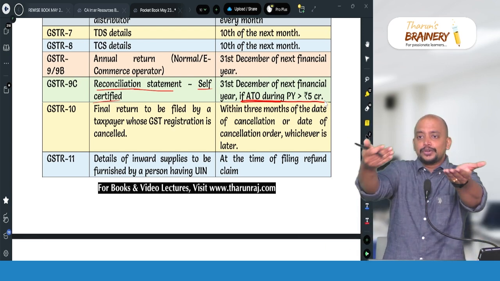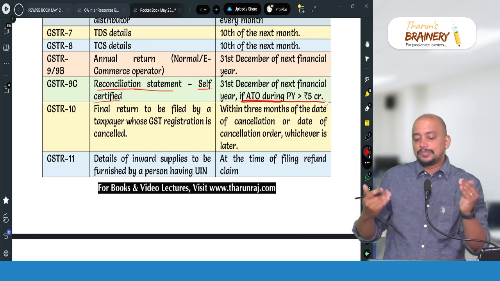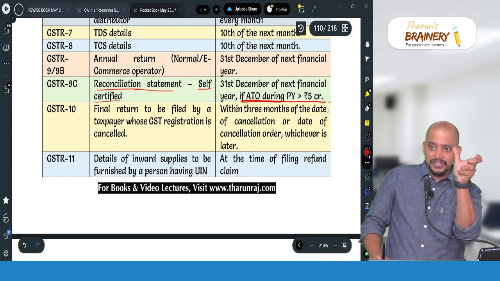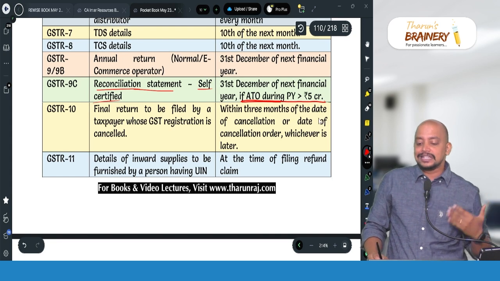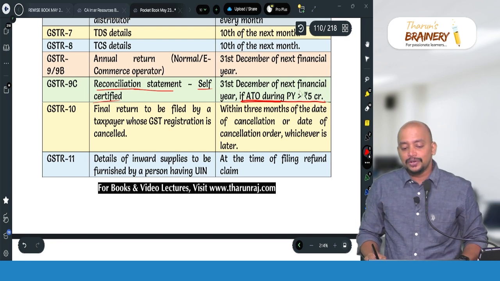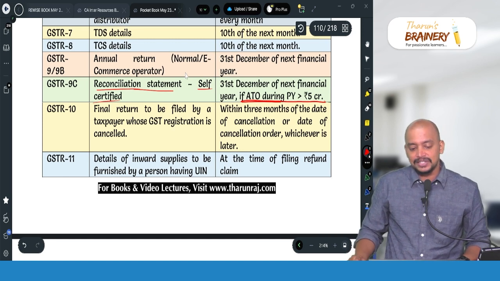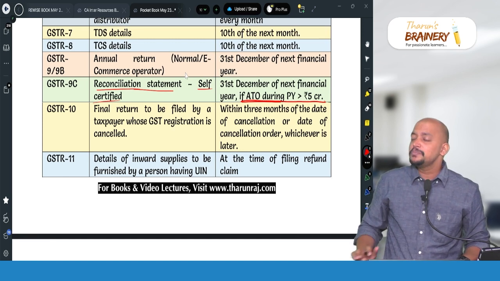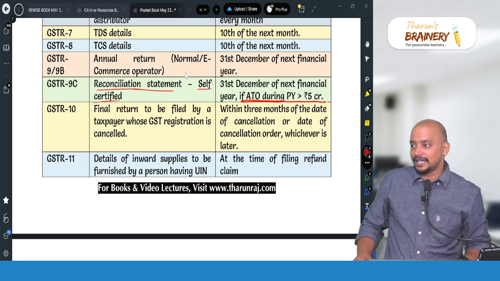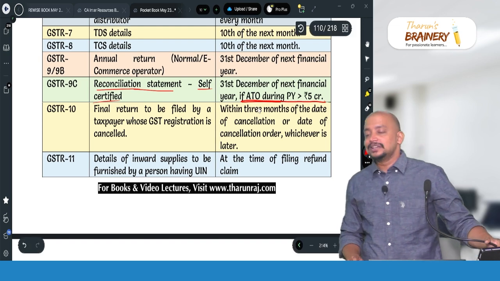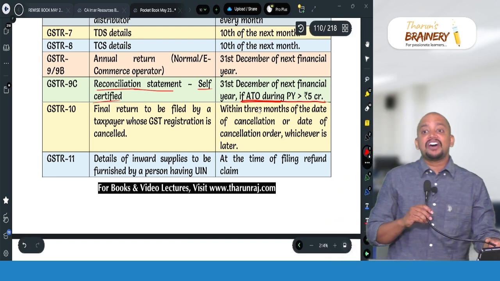For the completed year only we now file annual return. So for the year for which we are filing GSTR 9C, if aggregate turnover exceeds 5 crores, then only 9C will be required, which is a self-certified reconciliation statement. And 9B, who will be filing? E-commerce operator.